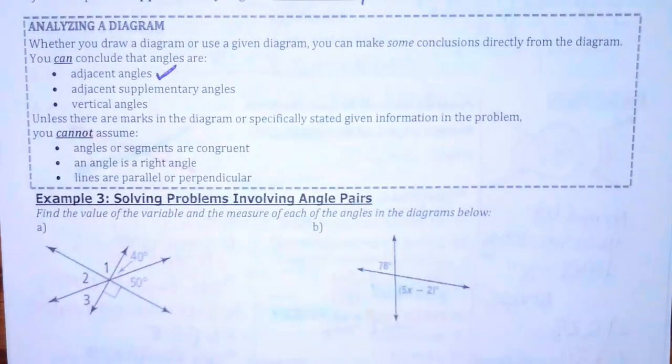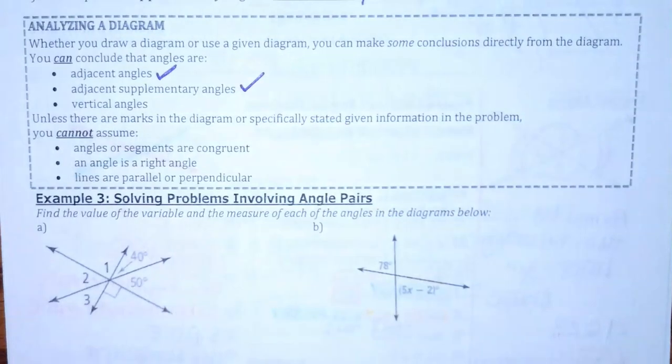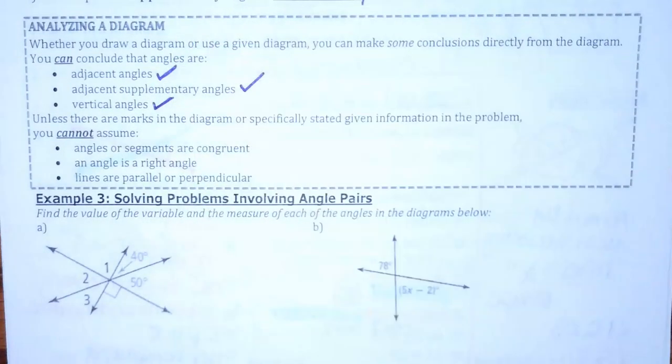You can definitely conclude that. Adjacent supplementary angles, we just did that in our example when we were talking about where we have a linear pair. So if you see a straight line and two angles, you can conclude that they're supplementary. And also, we proved this on the front, if you have vertical angles, we know that those are going to be congruent. So if you see that X shape in a diagram, you can use vertical angles.